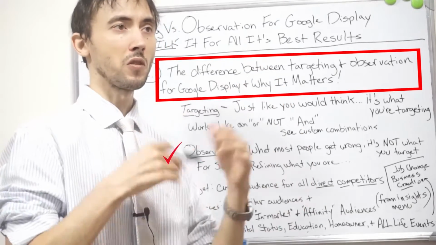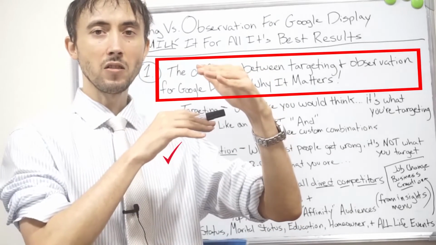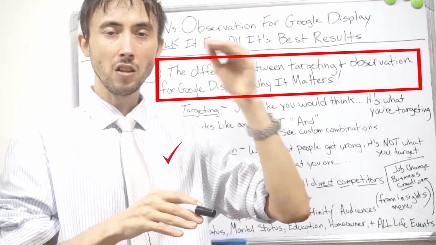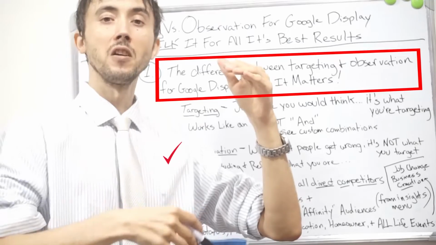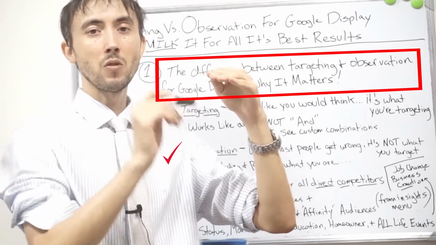So what these observances allow you to do is find out exactly what certain people that have certain traits within your key first targeted audience are worth versus other people with other traits, and then assign unique bids for each of those sub-traits.